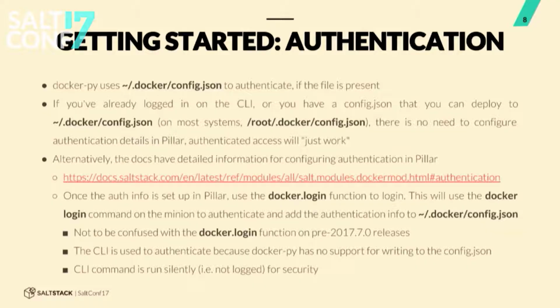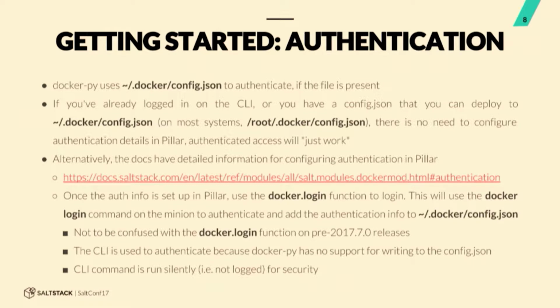So once you've gotten the bindings installed, the next thing you want to do is configure authentication. One of the things about Docker Pi that I did not know when I wrote the Docker NG module a couple years ago is that if the config.json, the file where authentication is configured for the Docker CLI client, is present, Docker Pi will actually use that for authentication.